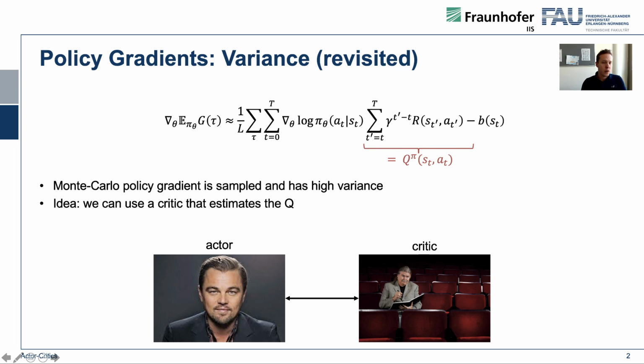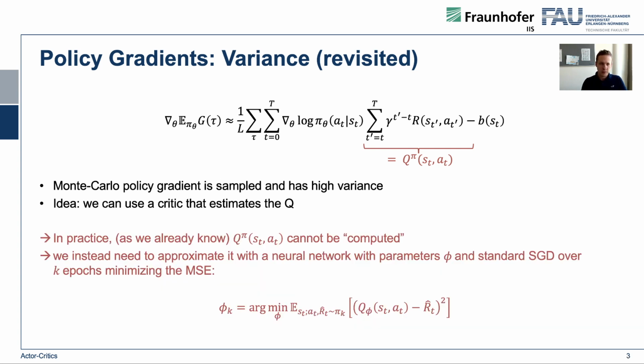So we already talked about the actor very much, because this is the policy. We did that through policy optimization in the last lecture. Still left open is how to come up with a critic that serves what we wanted in this lecture.